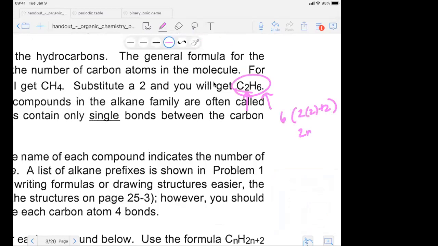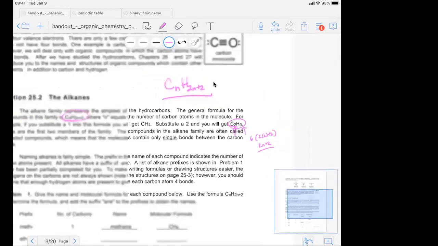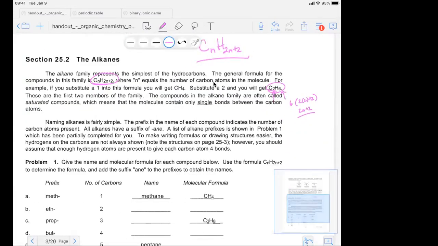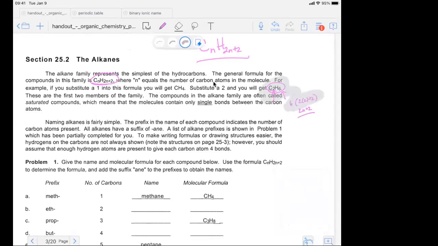So that's the formula 2n plus 2. That makes it an alkane. Again, as I said before, the alkanes are considered to be saturated compounds because the molecules contain only single bonds.